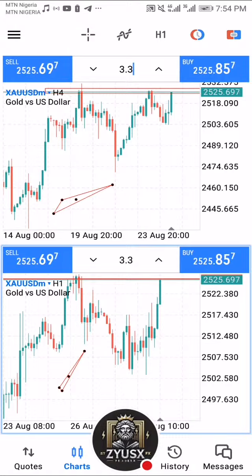So let's see. We are currently at the tower level, 6 minutes before the candle close. I feel like selling the market now, but I want to see if price is going to hold that level.